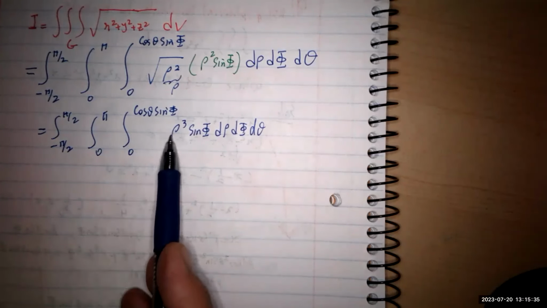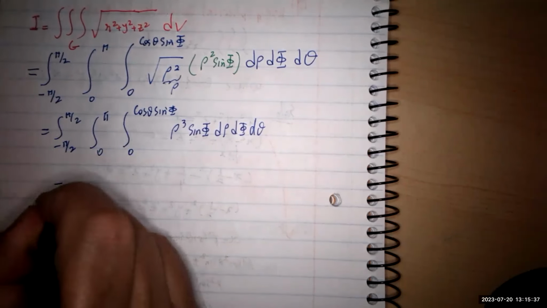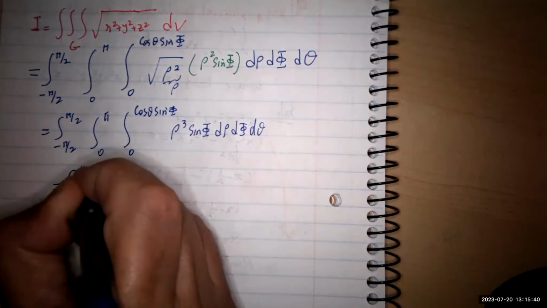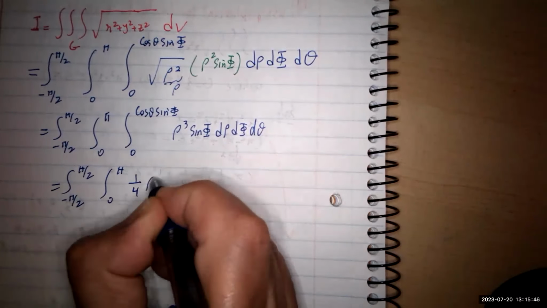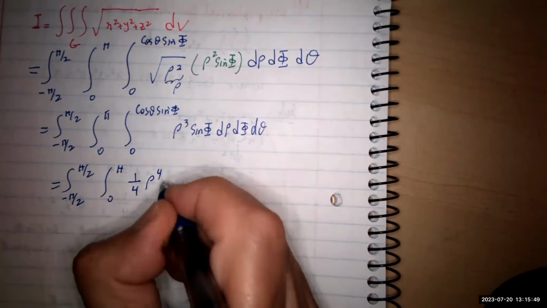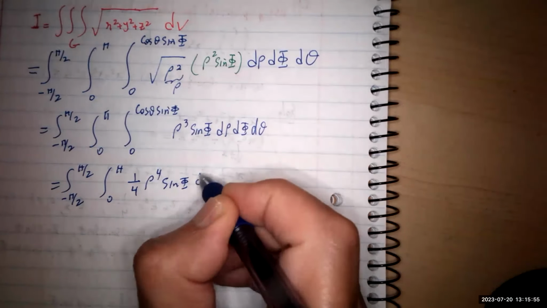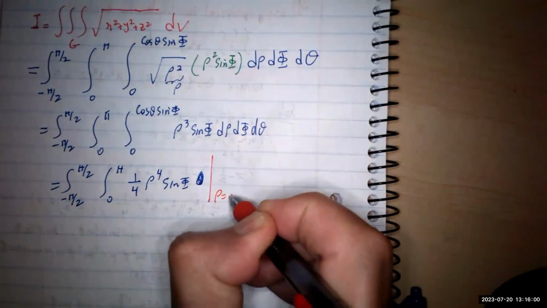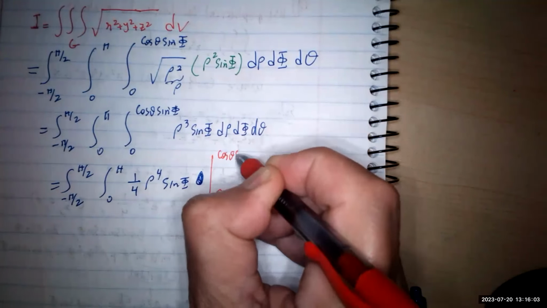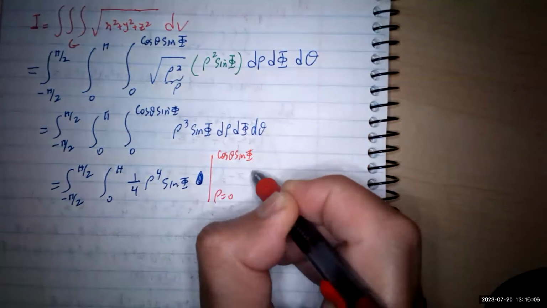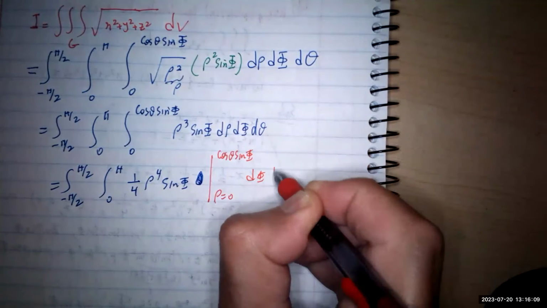Because that's your rho cubed, rho to the fourth, and then you have to substitute here. So theta from negative pi half to pi half, phi from 0 to pi. So I got a quarter of rho to the fourth. Then I have the sine of phi. I have to check my rho from 0 to cosine of theta sine of phi. Then we get the d rho, d theta.